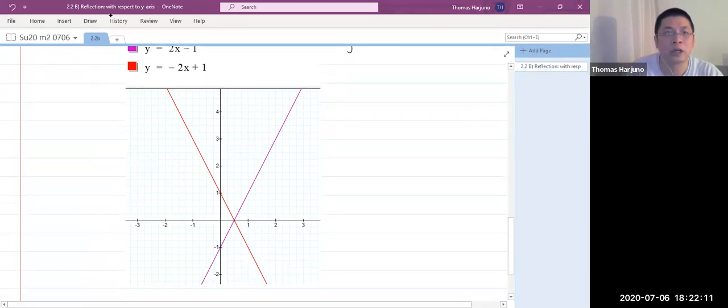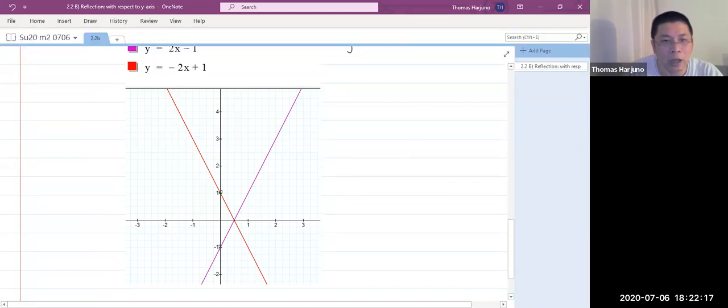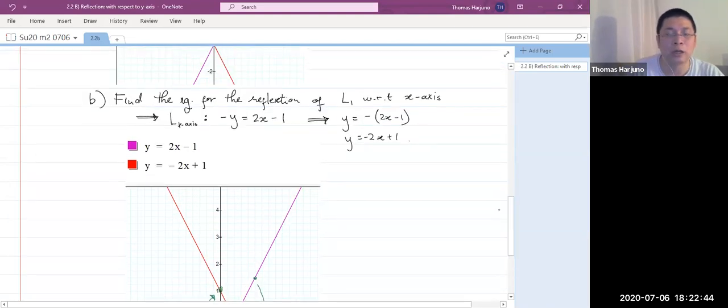Then you see that, for example, this guy becomes that guy, right? Maybe this one here reflected to this, this guy reflected to that. Now the thing is, it applies to all coordinates, not only those two coordinates. So you see that when we reflect with respect to the x-axis, what you need to do is to replace the y by negative y.